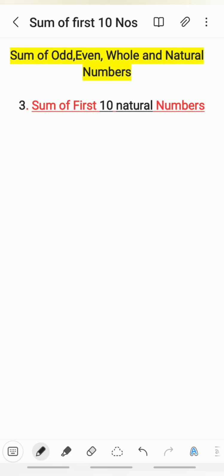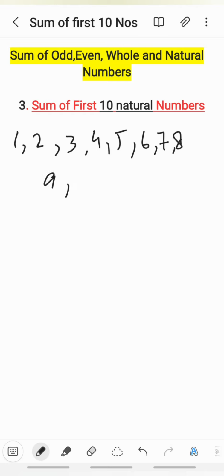So the third question is the sum of the first 10 natural numbers. As we know, the natural numbers start from 1, 2, 3, 4, 5, 6, 7, 8, 9 and 10.